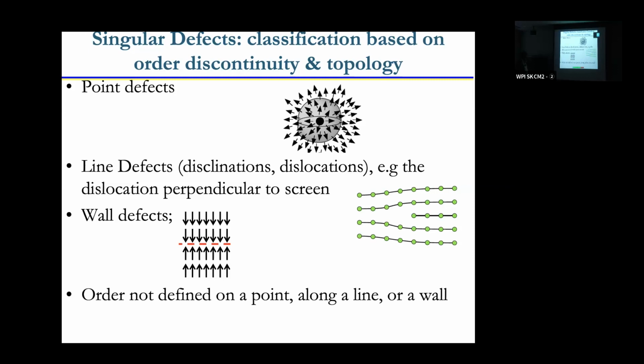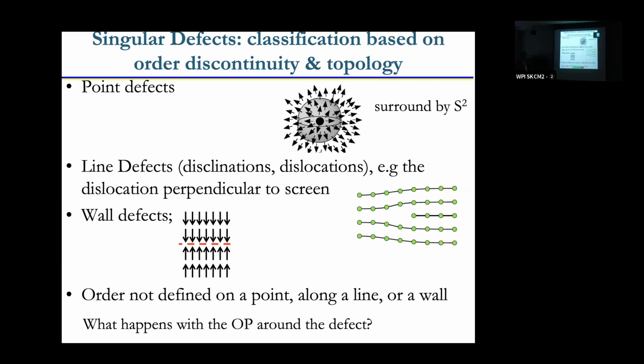And when we have wall defects, these are two-dimensional planes, it suffices to enclose them by S0 spheres, right? So you can see here that the configurational space that allows us to characterize these defects of different dimensionality will be different.